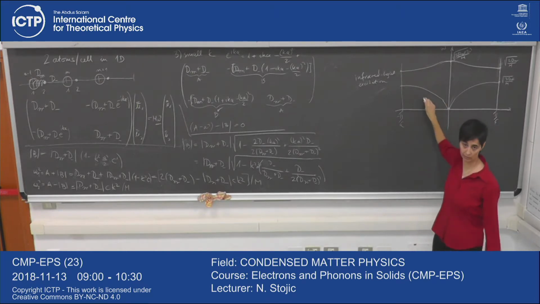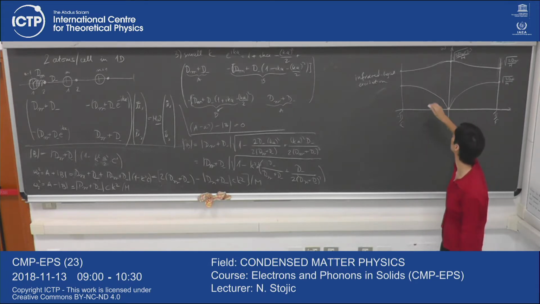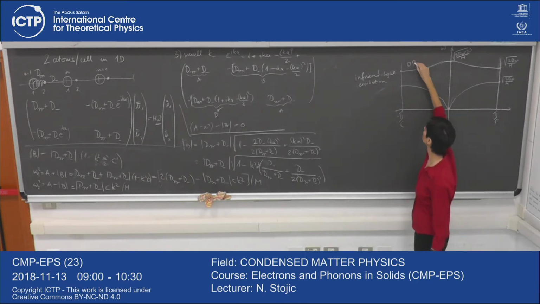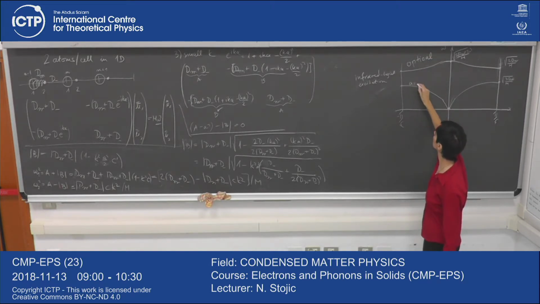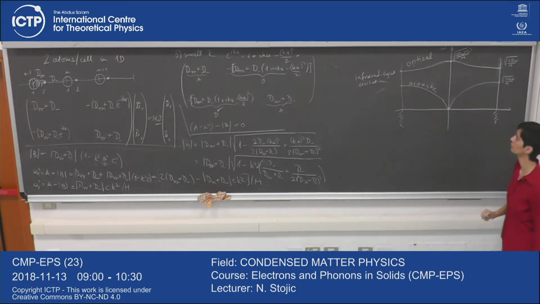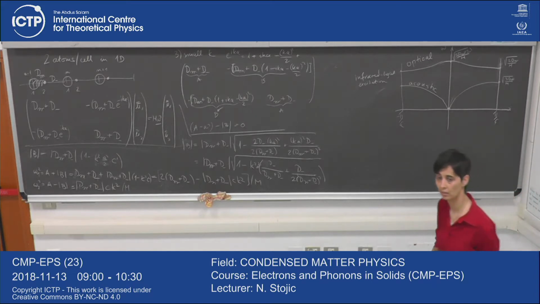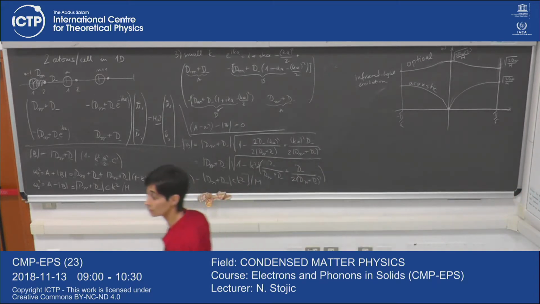We know this is called acoustic mode because of the sound wave for k going to 0. But the higher one is called optical mode. And here again, we have the limit k going to 0.